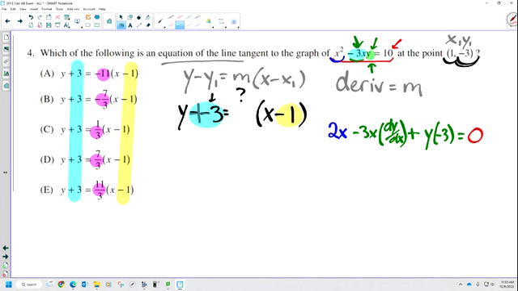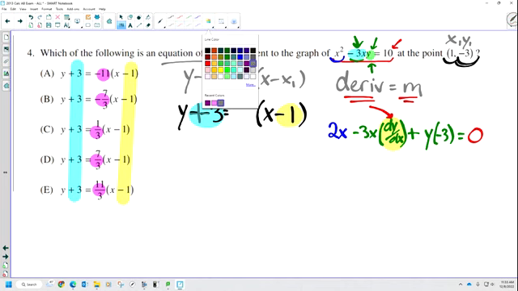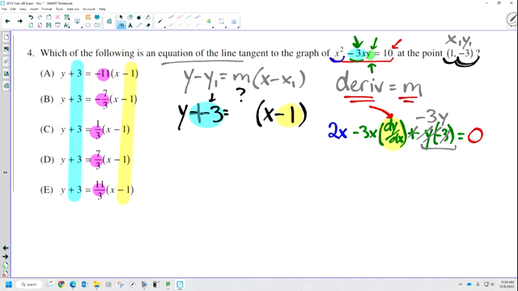Now, I need to find the derivative, right? The derivative is going to give my slope. This is the derivative, so I want dy dx alone. That's how I'm going to find my derivative. So let's multiply these out. This turns into -3y. Let's keep our -3x dy dx on one side, equals.